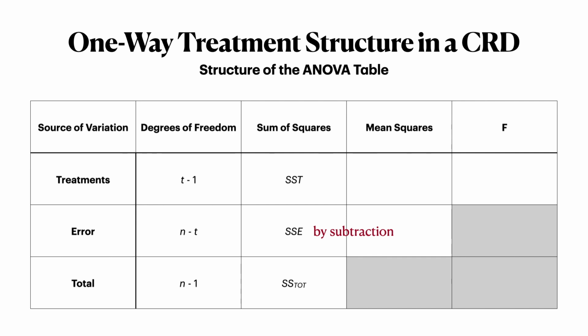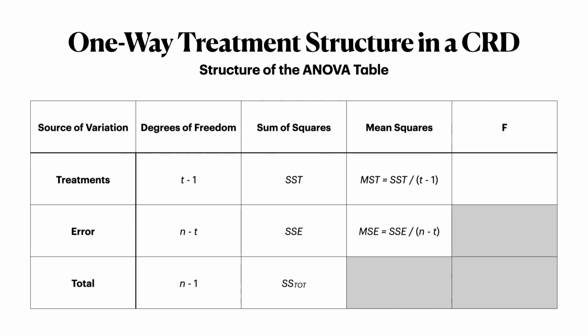Next, we have a column for the mean squares. Now, we haven't looked at those formulas yet, but we see here how to calculate those. The mean square for treatments is defined to be the sum of squares for treatments divided by its degrees of freedom, T minus 1.